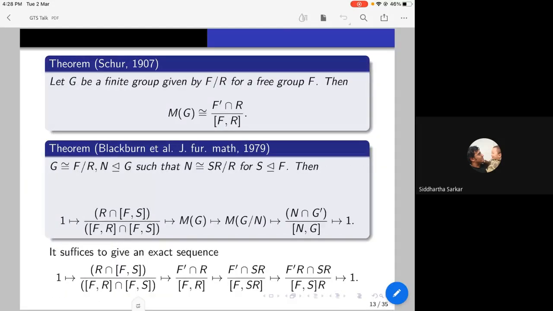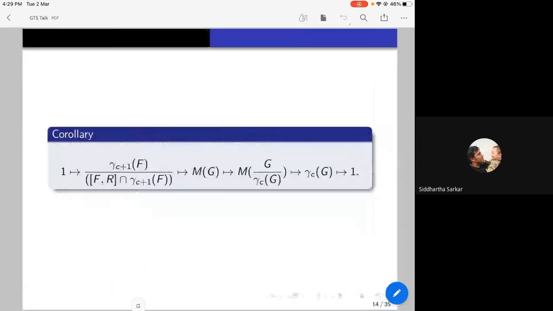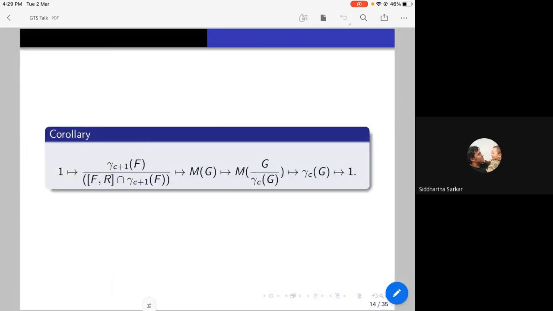When in this sequence N is replaced by γ_c(G), the cth term in the lower central series of G, where c is the nilpotency class, then you see S is given by γ_c(F). So the first term is R ∩ [F,γ_c(F)], that is R ∩ γ_{c+1}(F).